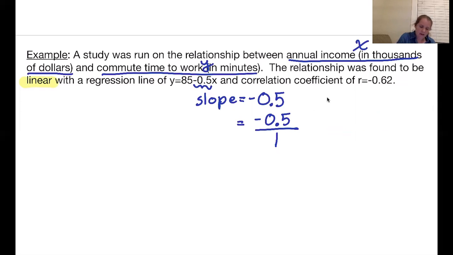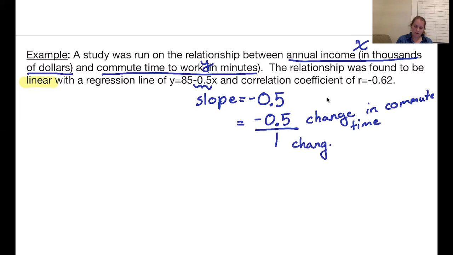Top is our y. So up top we have our commute time. So this is our change in commute time, versus our change in annual income in thousands of dollars.